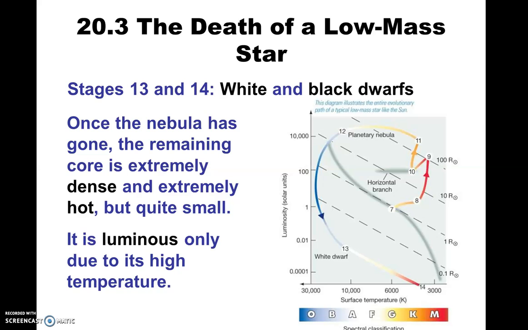There really just hasn't been enough time for most of them to cool off completely and go from being white dwarfs to what we would call black dwarfs, where there's no emission at all, right? So the key thing is the white dwarfs are just cooling off, and we find these in our galaxy. We find these in other galaxies.